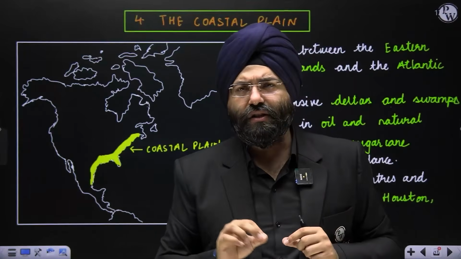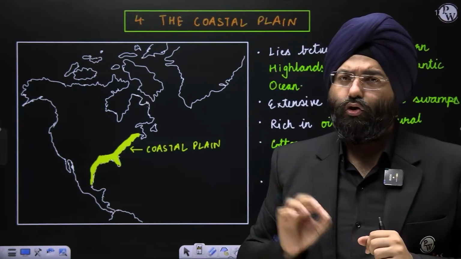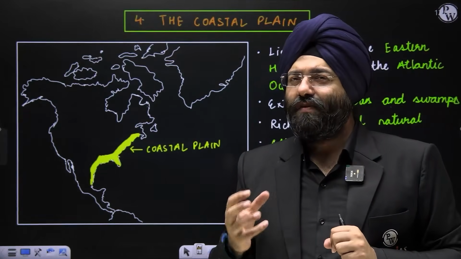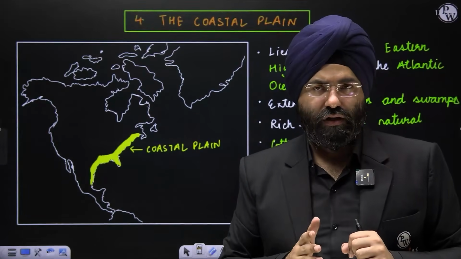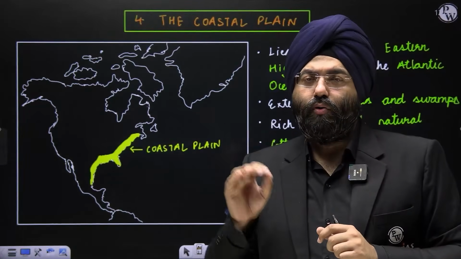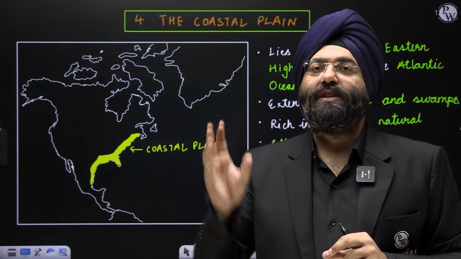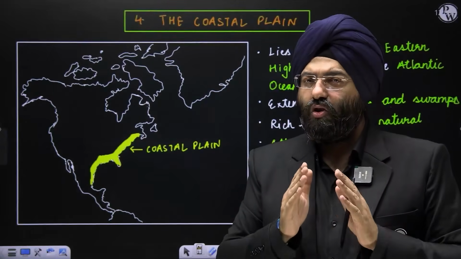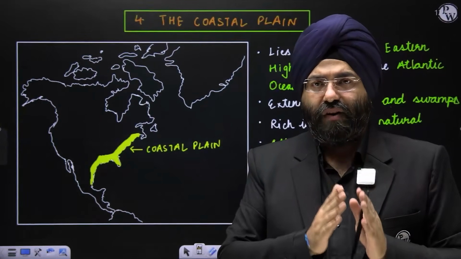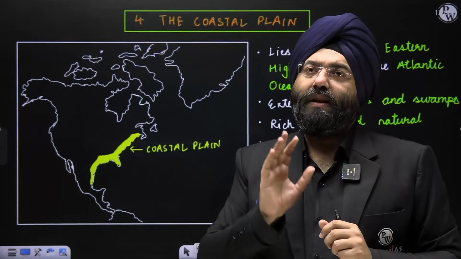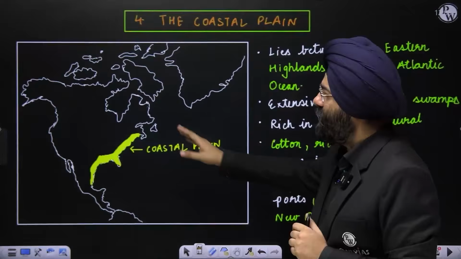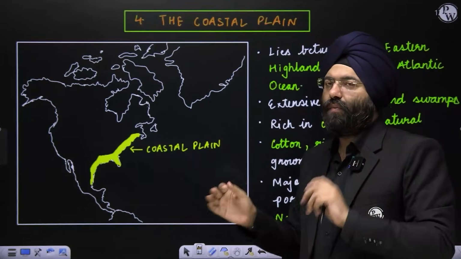Why I am not mentioning it is, you know very well, whatever classification is given by the NCERT is considered standard by the Union Public Service Commission. That is why I am not going to mention what other books are mentioning. If there is ever a contradiction between one book and another, I will prefer the NCERT because that is accepted by UPSC. So in the coastal plain, they mention the Atlantic coastal plain as a dimension.